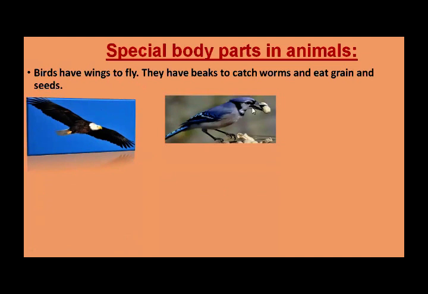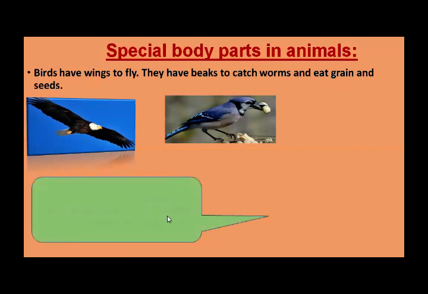This is the beak. Like we have a mouth and we eat with our mouth, same like this, birds can eat with their beak. They have beaks to catch worms and eat grain and seeds. So these are the functions of wings and beaks in birds.